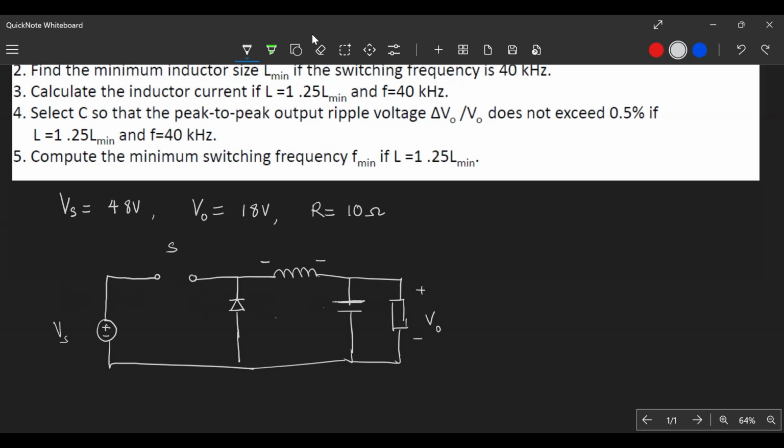The polarity will reverse. As you can see, with respect to the inductor, which is the energy source, the diode is connected to the positive terminal. I mean, the anode is connected to the positive terminal. The cathode is connected to the what?